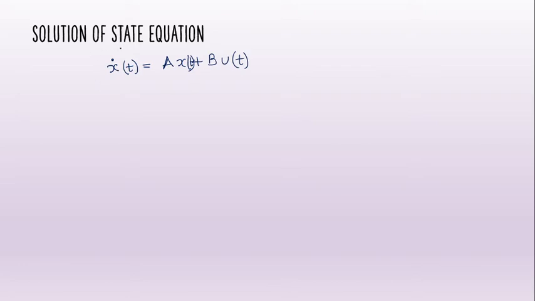So first, how will we try it? We can try it using the Laplace transform, because it's a differential equation, and if we go for a differential equation, it will be easier if we apply Laplace.